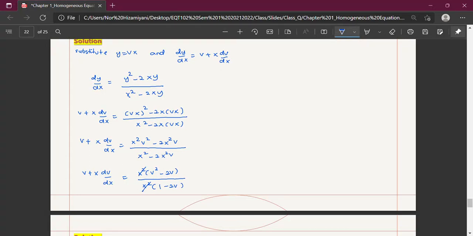So this is your function after you simplify.